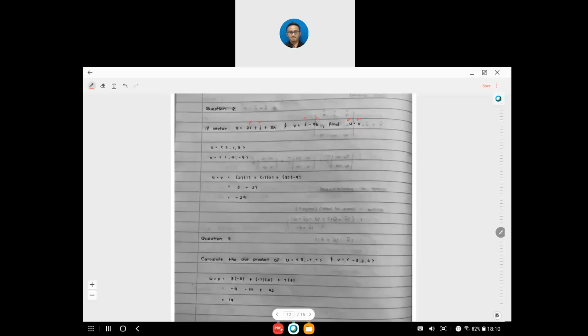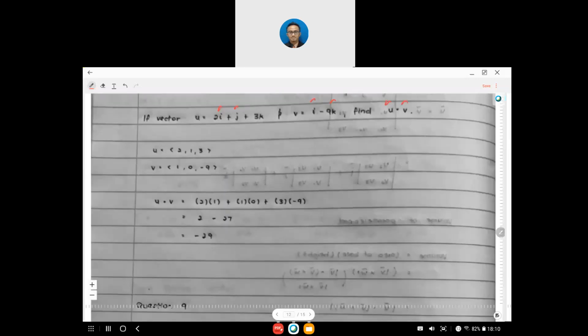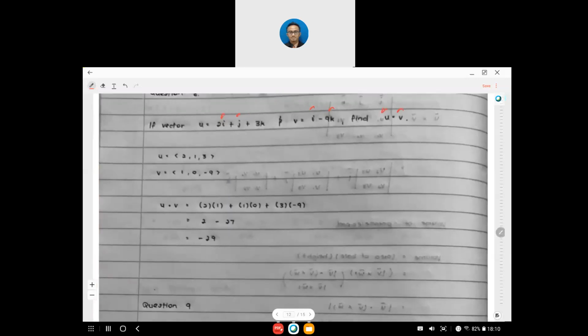Vector u dot v, so you just find the dot product. Okay, so 2 times 1, 1 times 0, and then 3 times negative 9. So this one you can get negative. Surely not negative 29. 2 minus 7, negative 25. Did you press the calculator wrongly or what?